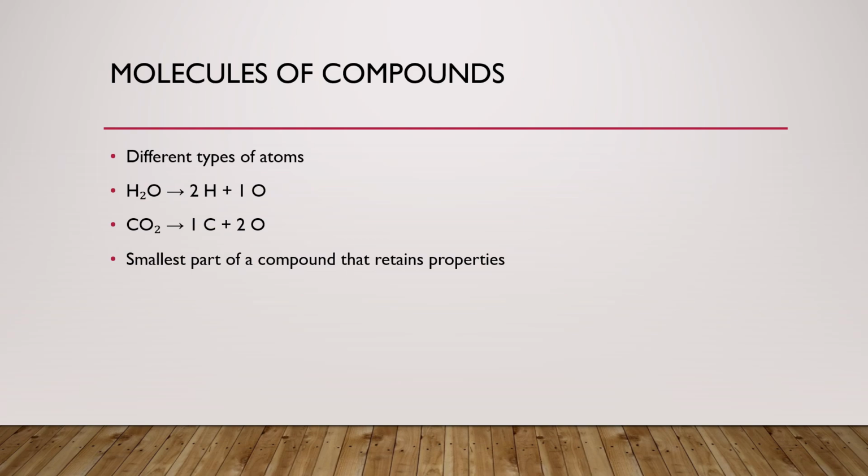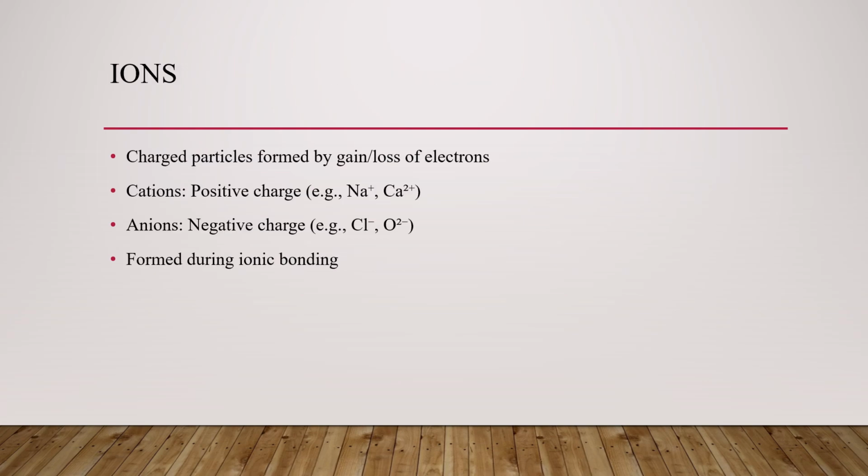For example, the water molecule H2O is made up of two atoms of hydrogen and one atom of oxygen, and another is CO2. CO2 is also a compound that is made up of one atom of carbon and two atoms of oxygen. It is the smallest part of a compound that retains its properties.